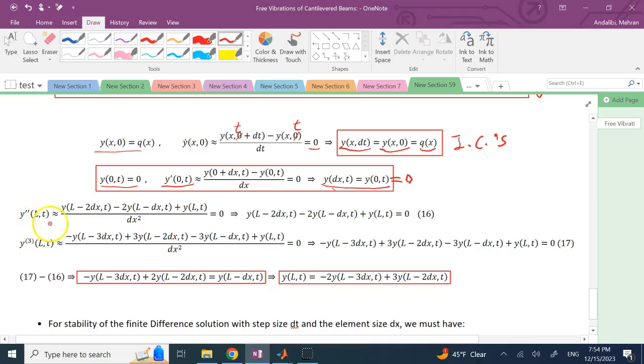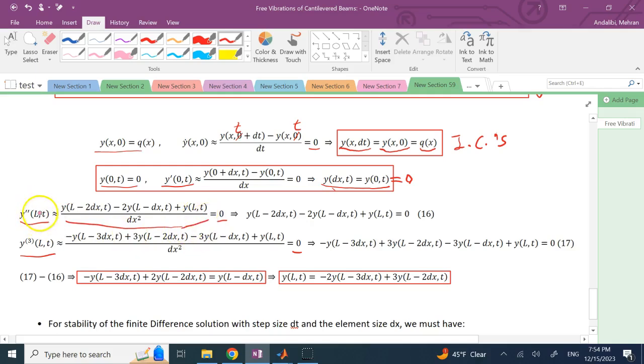Now at the right end, at x equal to L, y double prime and the third derivative are equal to 0. For y double prime, you see again, here I'm using a 3-point approximation, but this is not a central one, this is a backward one. Why backward?